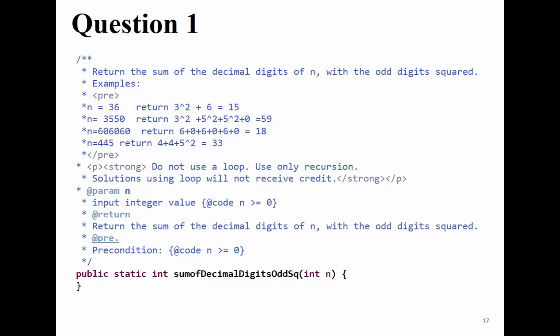In the next slides, I will discuss how students from the previous year read and implemented this API. This API is designed for a recursive method, and it is clearly mentioned that you should not use loops inside your implementation. Using loops will receive no credit.